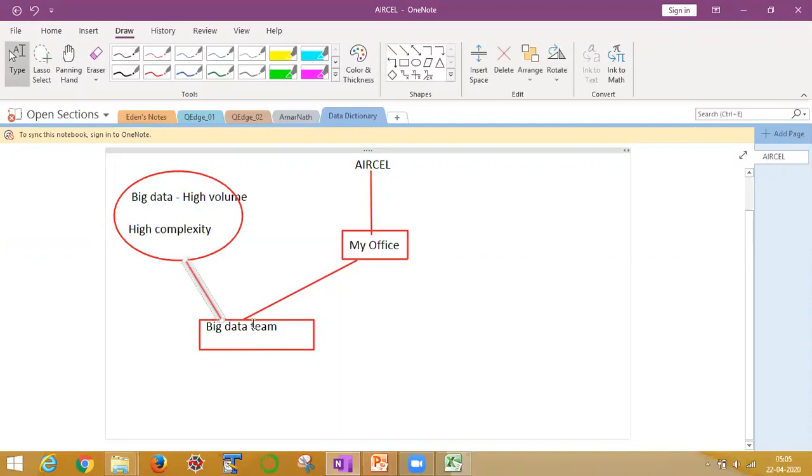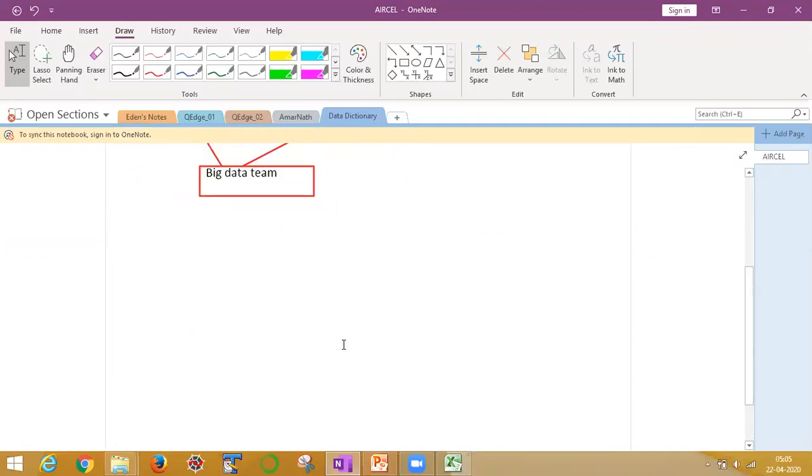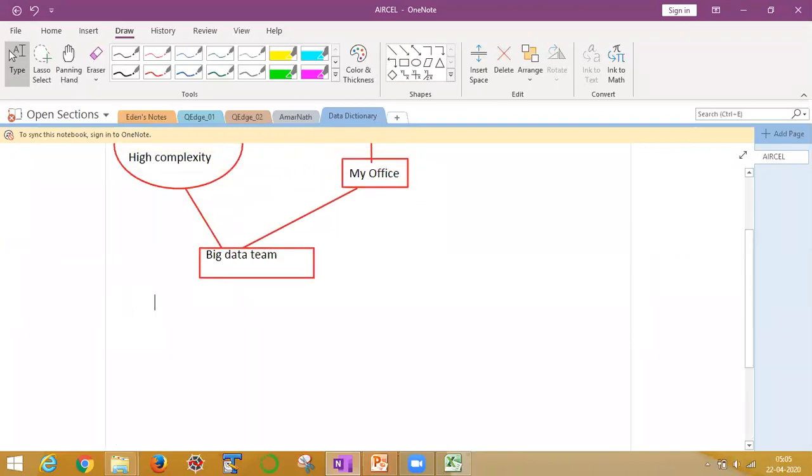They'll collect this data from here, and they will start processing these things. So there will be multiple operations. For example, being a very high volume of data, they are going to make it into some clusters, because a single computer is not enough at this moment.